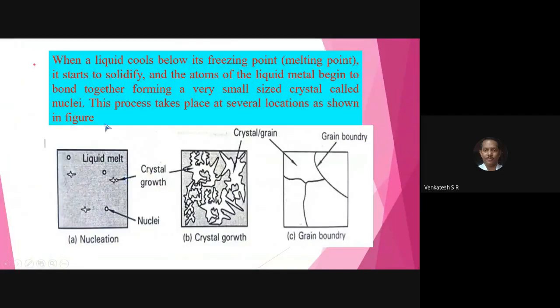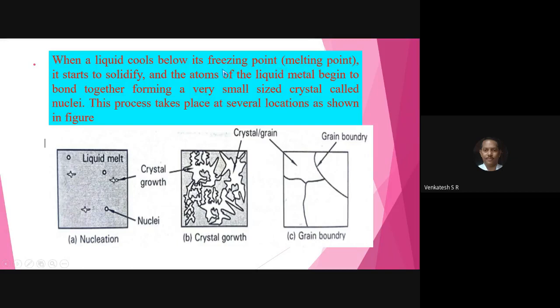Next, come to the point, freezing point. The melting temperature of cast iron is 1350 degrees centigrade. The melting temperature of aluminum alloy is 600 degrees centigrade. If the metal cools below the 600 of aluminum or 1350 of cast iron, that is called the freezing point, which is nothing but the melting point of the metal.